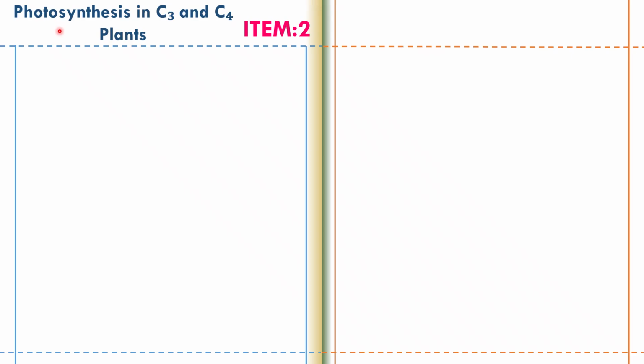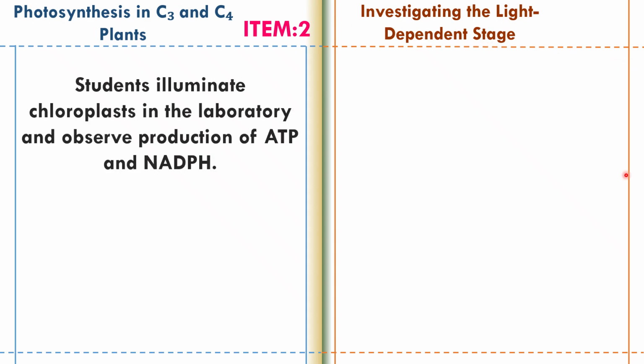We are still in photosynthesis in C3 and C4 plants. Item 2. Now we are going to emphasize on investigating the light-dependent stage. Students illuminate chloroplasts in the laboratory and observe production of ATP and NADPH.